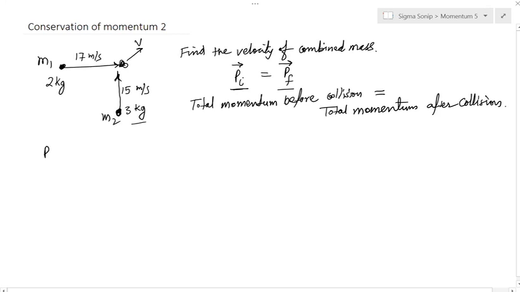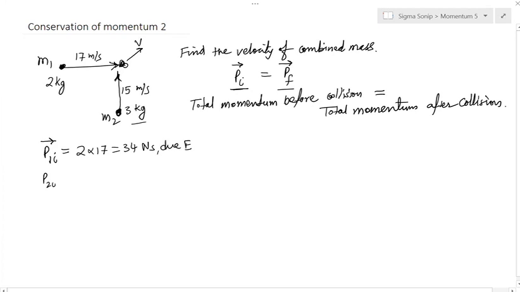p1i is the initial momentum of object 1, and I'll show that as a vector, which is mass times velocity: 2 times 17 equals 34 newton seconds, and it is due east, as we can see the velocity is in this direction here.